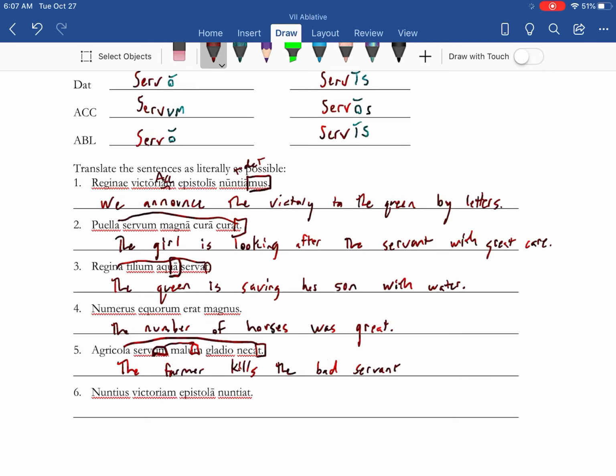Then Claudio's got that O ending, with a sword. The messenger announces the victory. And then we've got that long A right there, the A with the macron.